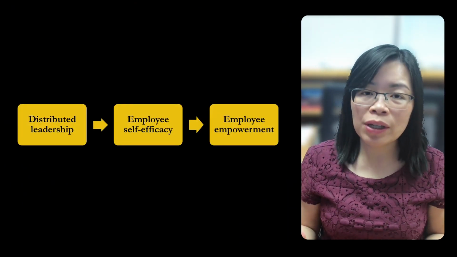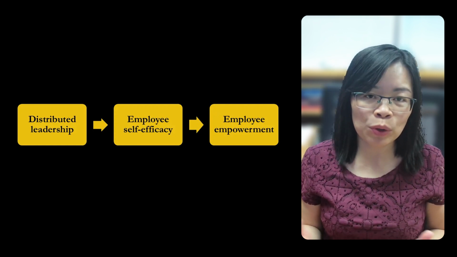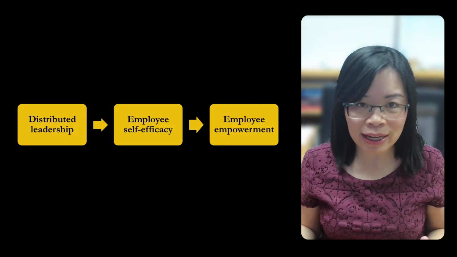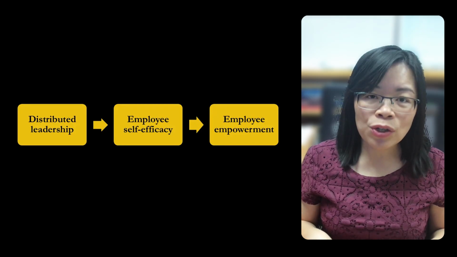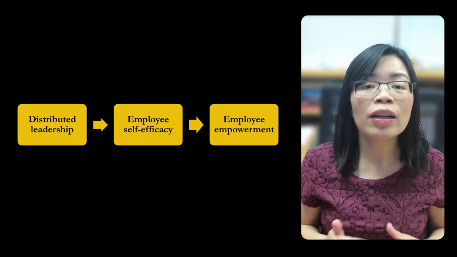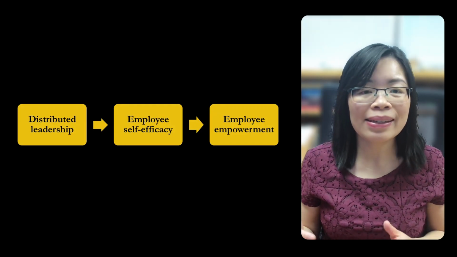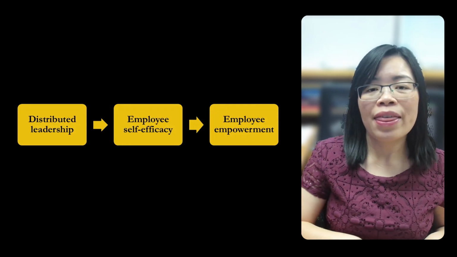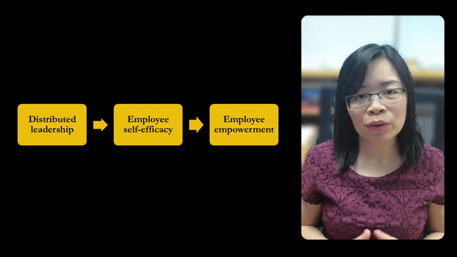For example, you build a theoretical framework to explain how distributed leadership influences employee empowerment. The mechanism in your theoretical framework unfolds as follows. When authority and decision-making are shared, individual employees gain repeated opportunities to exercise discretion and solve problems. Those experiences gradually build employees' task-specific self-efficacy, which is their confidence that they can competently perform and influence important aspects of their jobs.